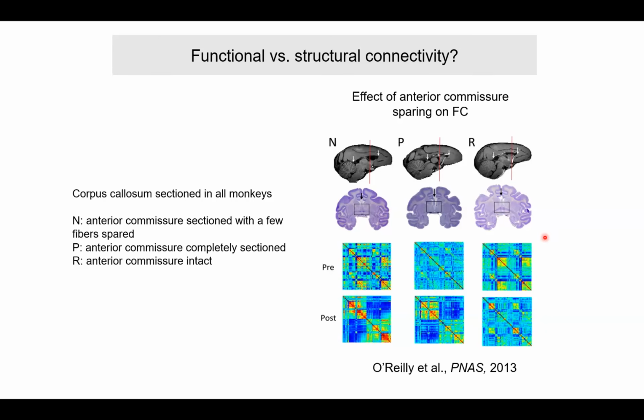What's interesting is that while you cut off all of the corpus callosum, if you leave the anterior commissure intact, lots of the connectivity is still preserved. I think this is one example highlighting that it's not quite straightforward to directly link functional connectivity to structural connectivity. Temporal coherence among regions is really quite a simple but hard to interpret phenomenon.